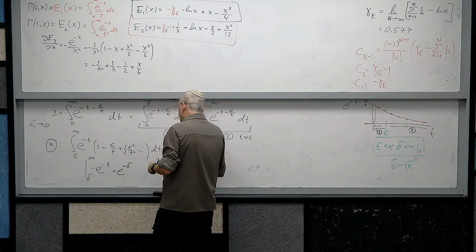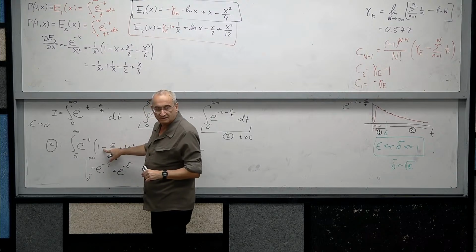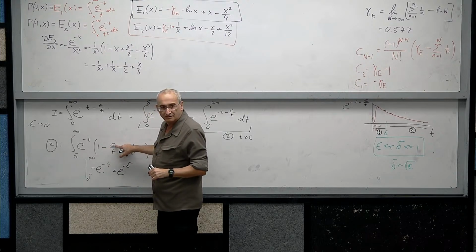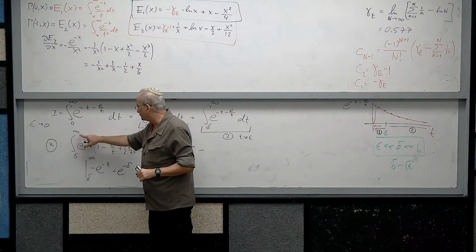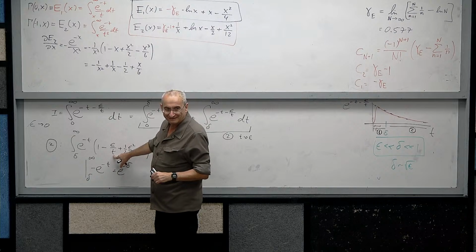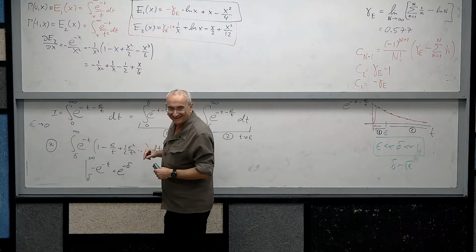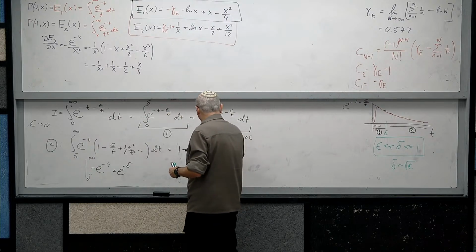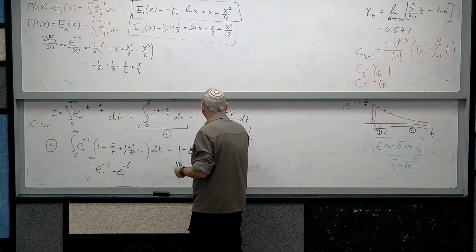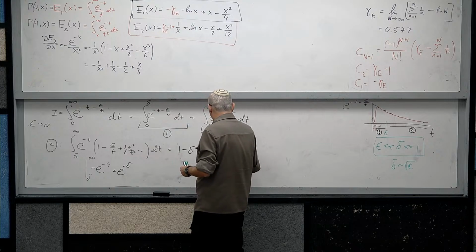Now, the next term is minus epsilon times the integral from delta to infinity of e to the minus t over t. Now, what is that? E1. Incidentally, what we have here is epsilon times E1 of delta.